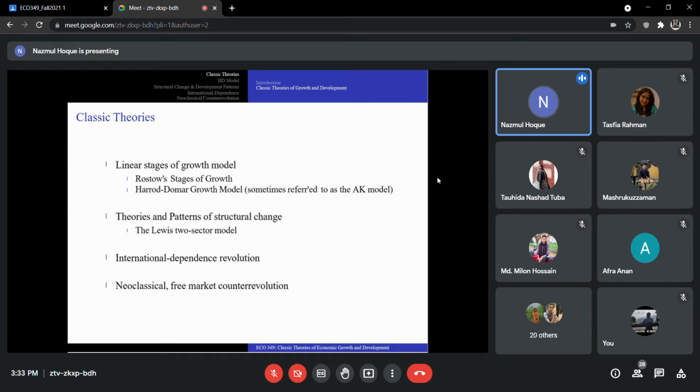It worked quite well in explaining the experience that the economies of Western Europe had after the Second World War.